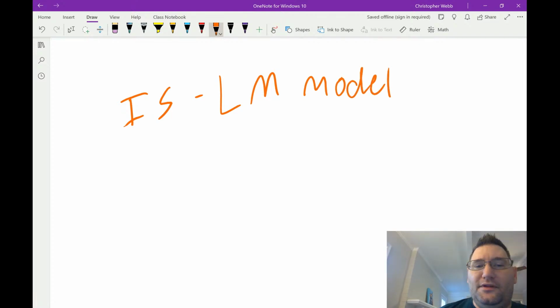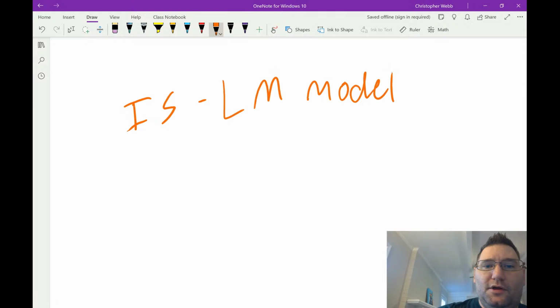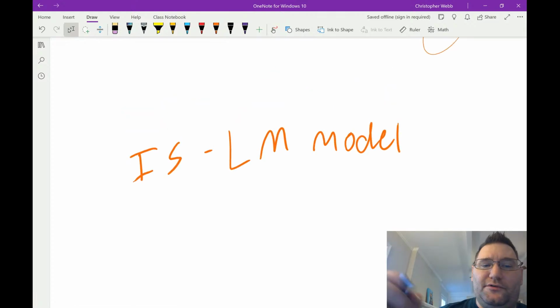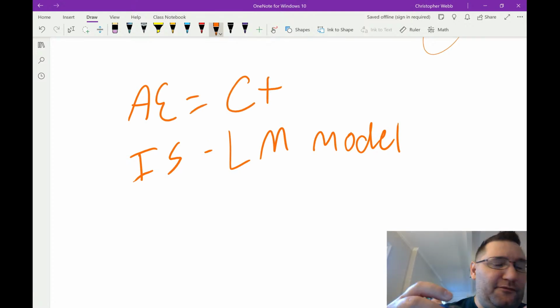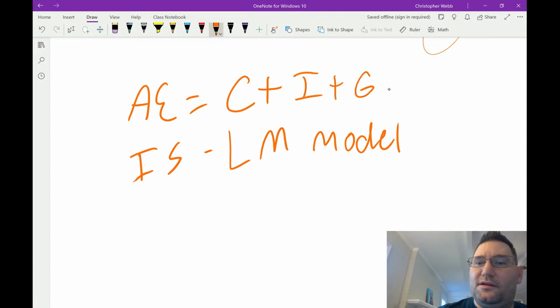And what this model does is it breaks up the usual model that you see for GDP, called the aggregate expenditure model, which is basically consumption. And we've talked about this before. Consumption plus investments plus government spending plus net exports.